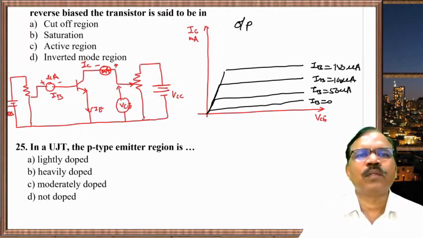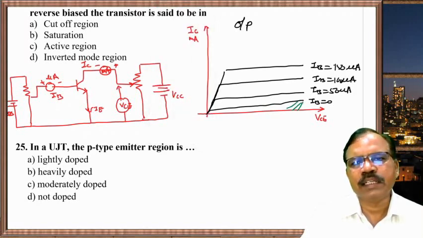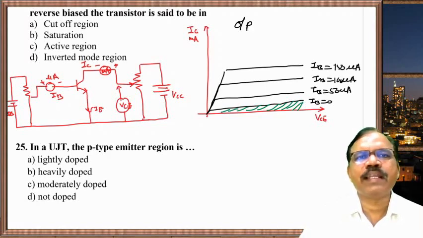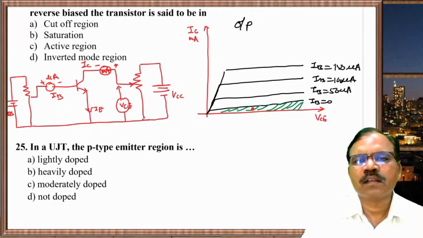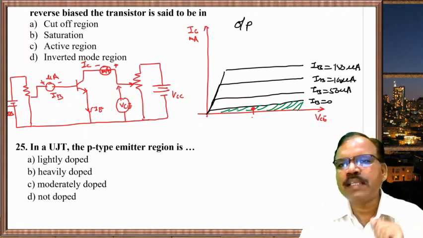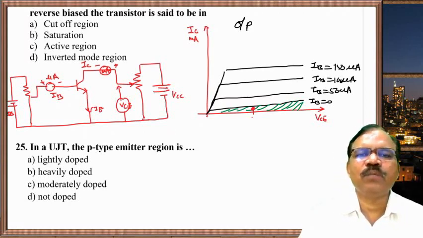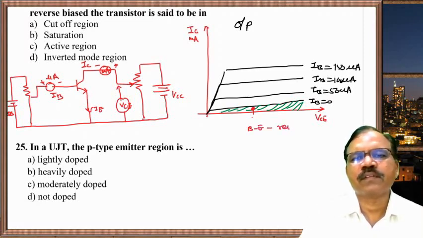Now this output characteristic has 3 regions. If we take any point in this region, corresponding to this point we have VCE and IC, but IB is negative. IB negative means the base-emitter junction becomes reverse biased, and the collector-base junction is also reverse biased.